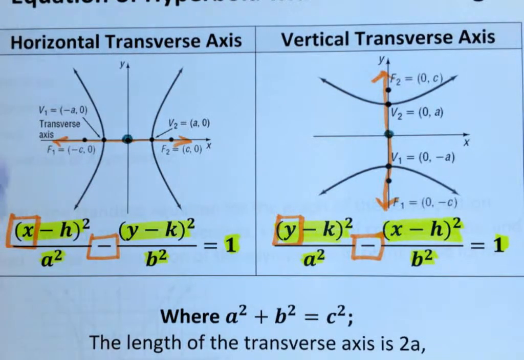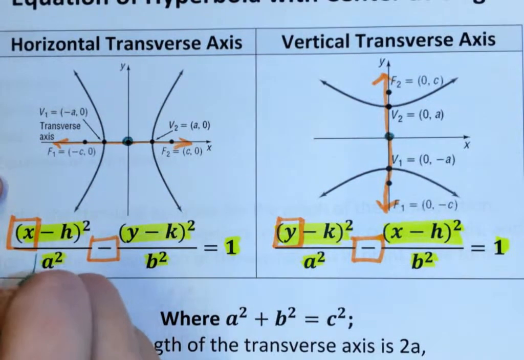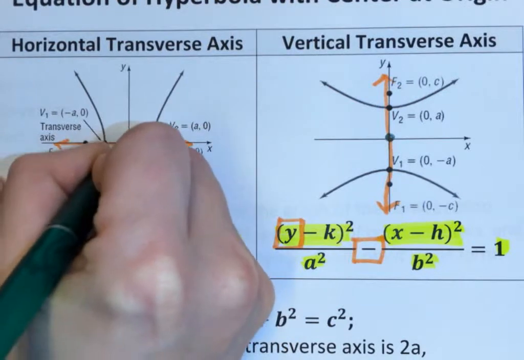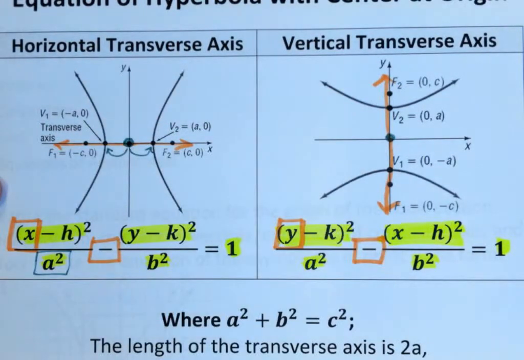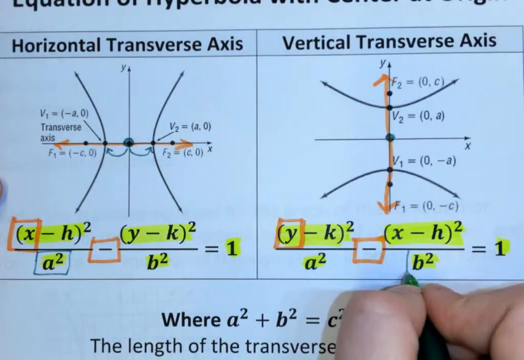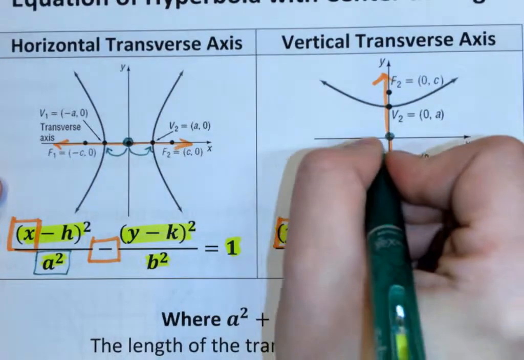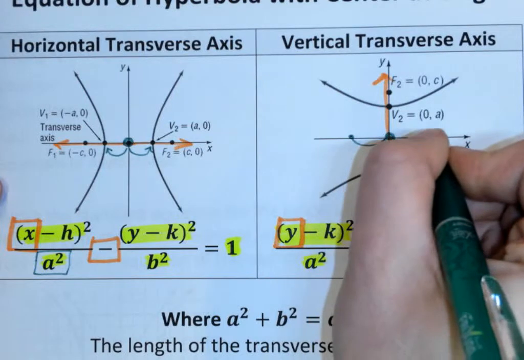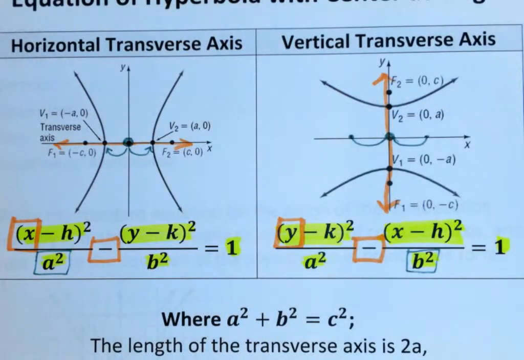Okay? Now, if we look at what is under the X, that is how far we go out in the X direction. What is under the X is how far you're going to go out in the X direction, whether you see it there or not.